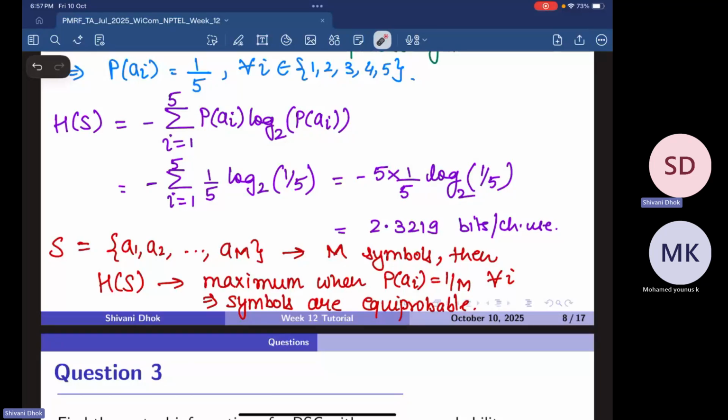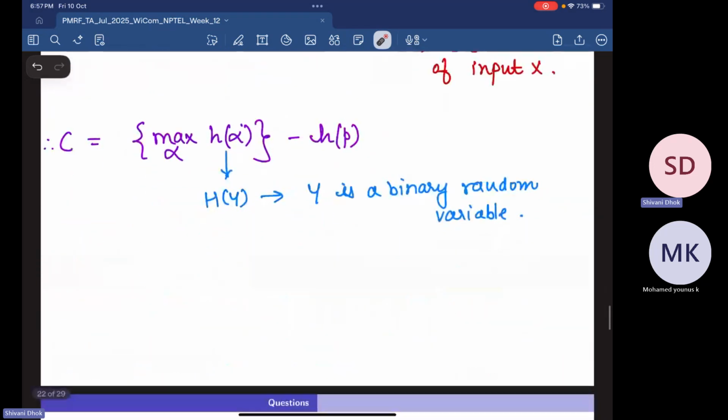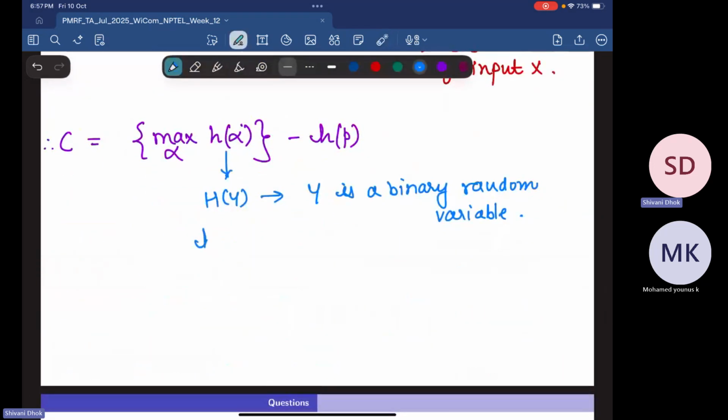For our case, m is equal to 2, so I have a1 and a2, where a1 is 0 and a2 is 1. So my entropy of y will be maximized when probability of 0 is half and probability of 1 is half. So this little h of alpha is maximum when alpha is equal to half, that is, 0 and 1 are equiprobable.